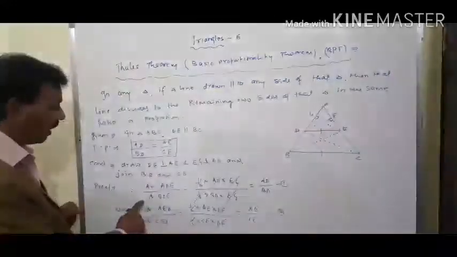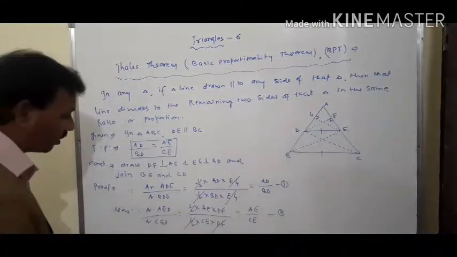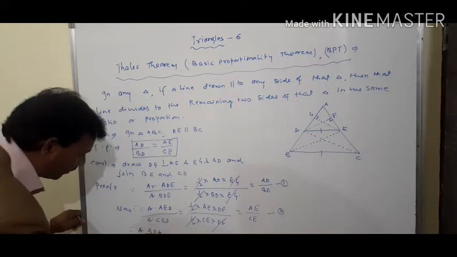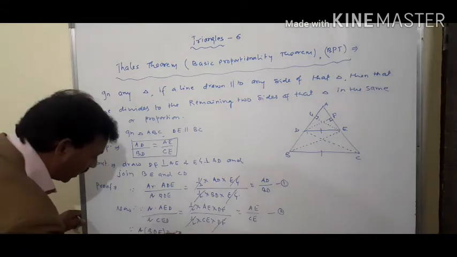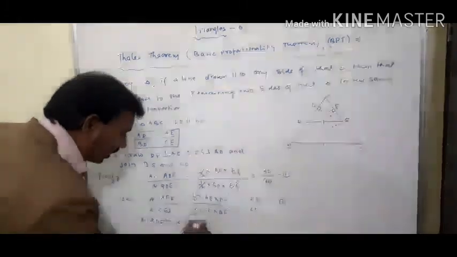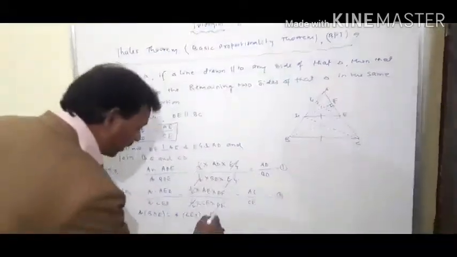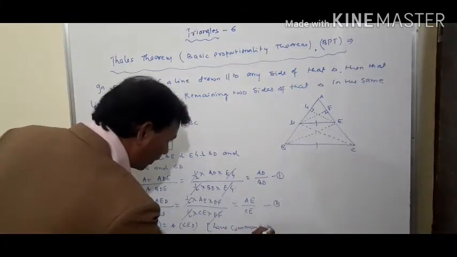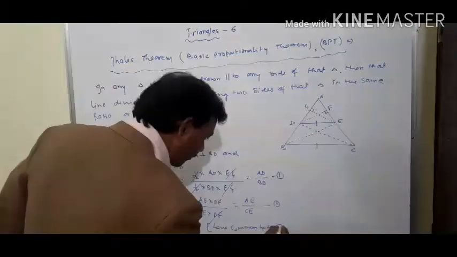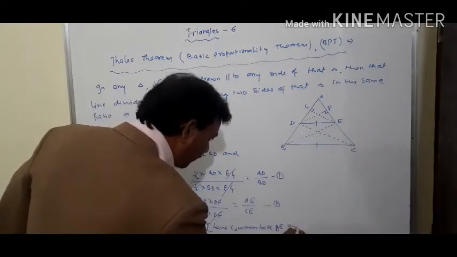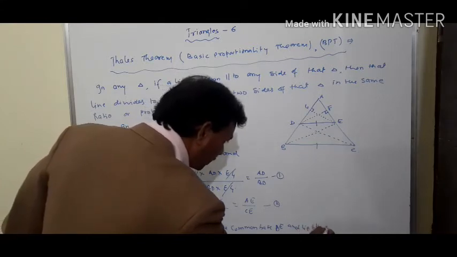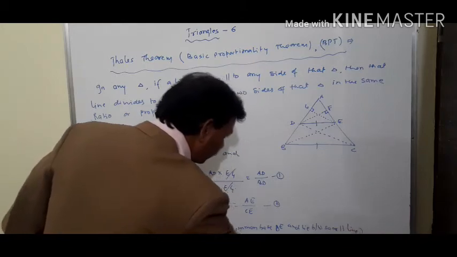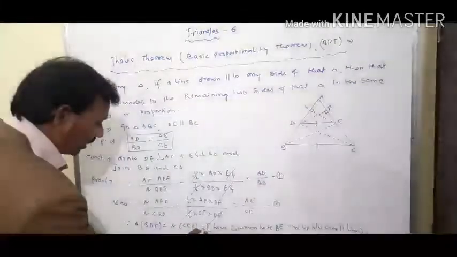So area of BDE equal to area of CED, since they have a common base DE and lie between the same parallel lines. This is equation 3.